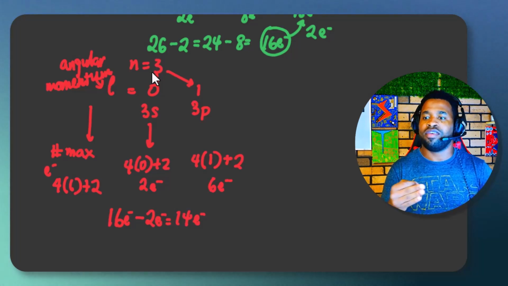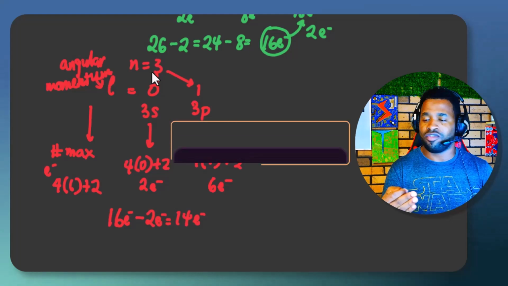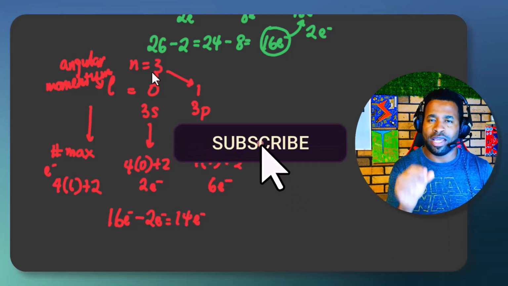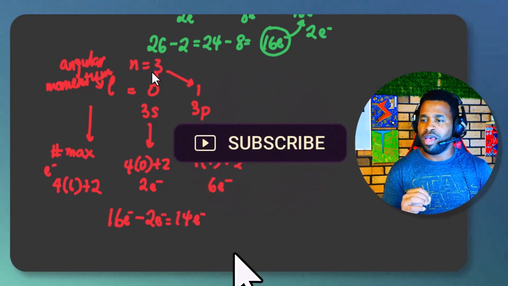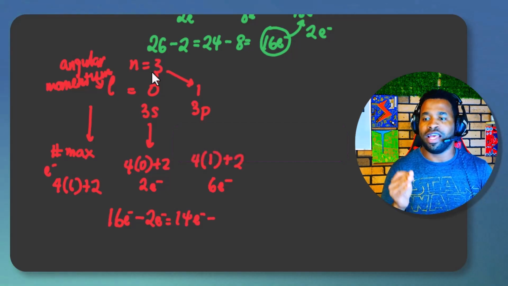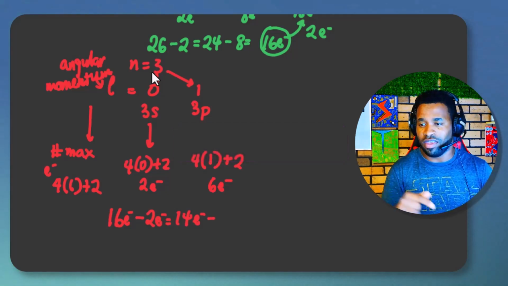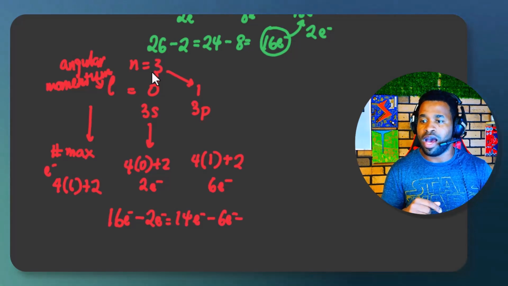This is the number of electrons that can be accommodated at the p orbitals. And so with our 14 electrons, we're going to minus 6, and that will give us how many electrons left?